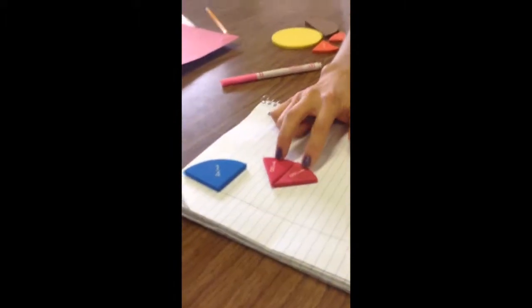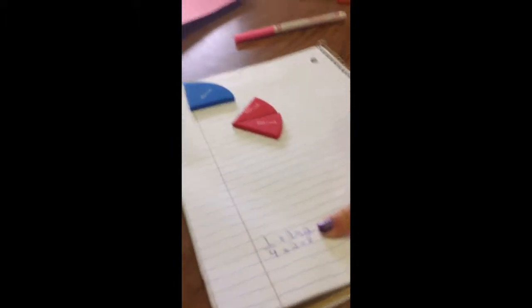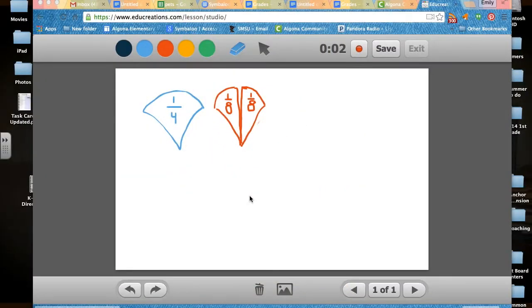Awesome. So when we look here, Corey, why don't you zoom in right here? We've got 1/4 is equal to 2/8, just like his math does right here.